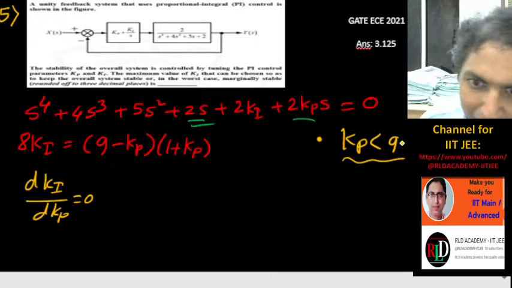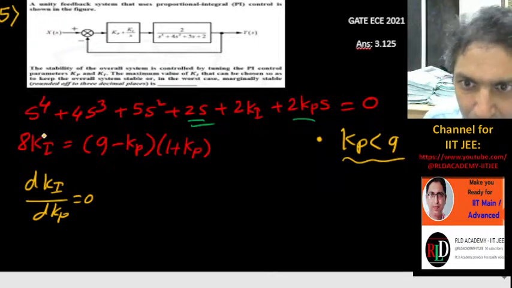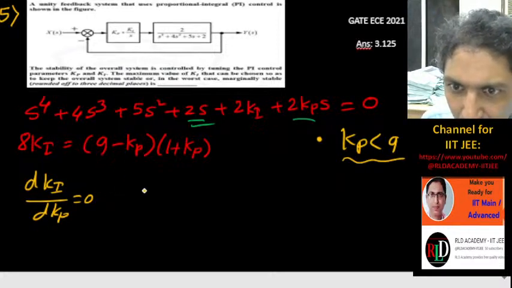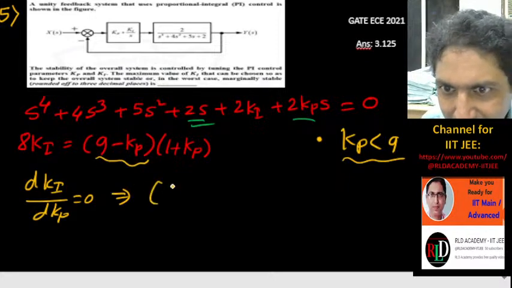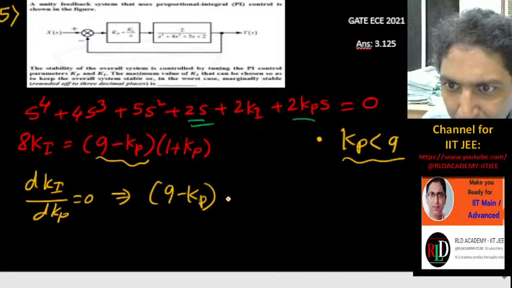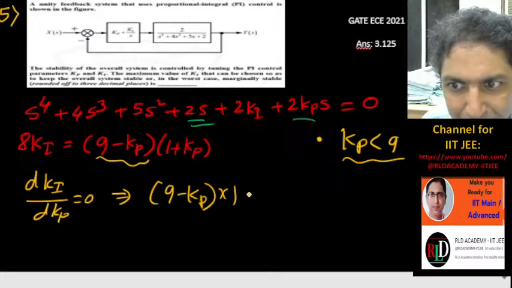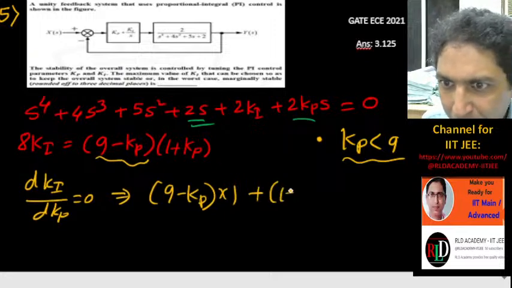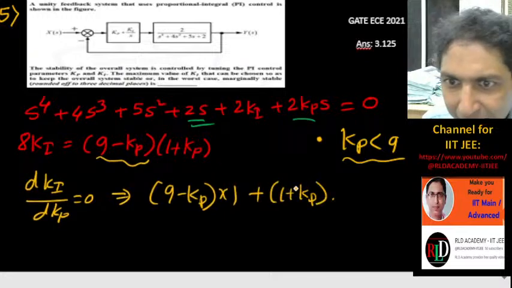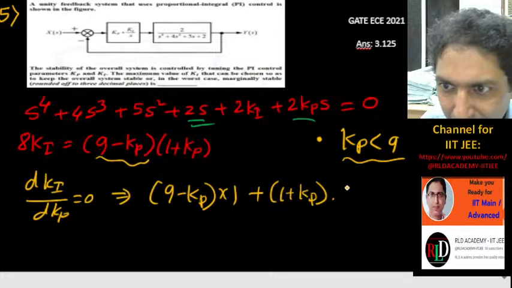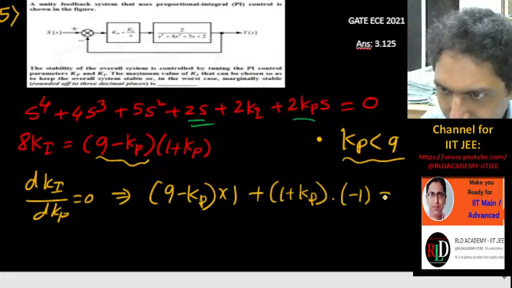Now I want to maximize this Ki value, so I will take the derivative. So how to take the derivative? This one is constant, 9 minus Kp, and the derivative of the second term: 1 plus Kp is constant, and the derivative of 9 minus Kp will be minus 1, and that is equal to 0.